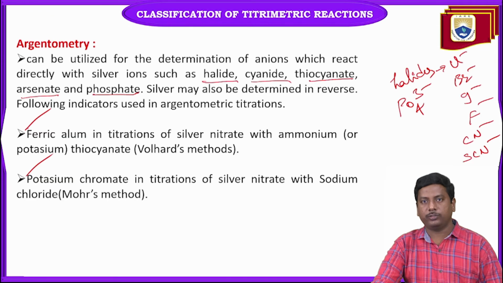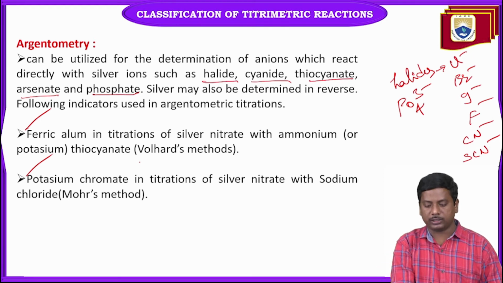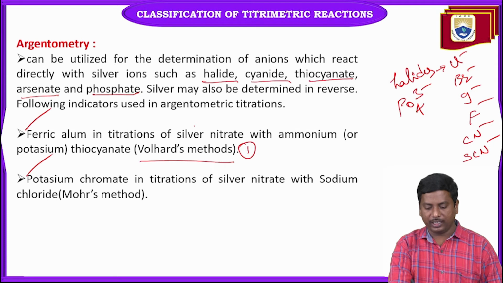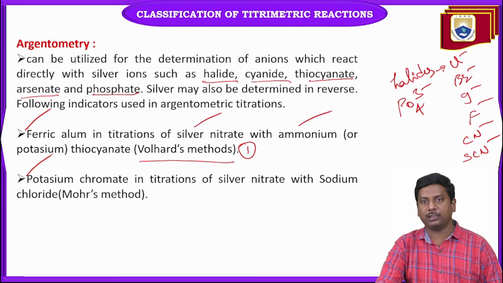For example, if you use ferric alum in the titration of silver nitrate with ammonium or potassium thiocyanate, that is called Volhard's method. This is the first method of Argentometry.